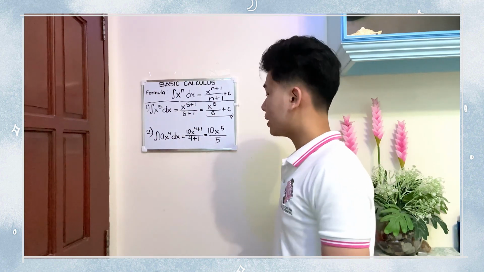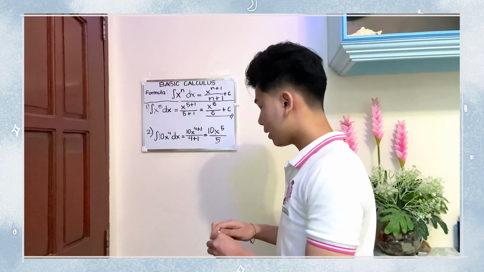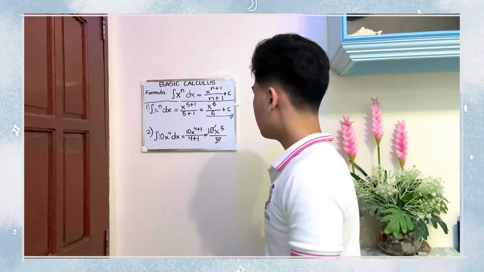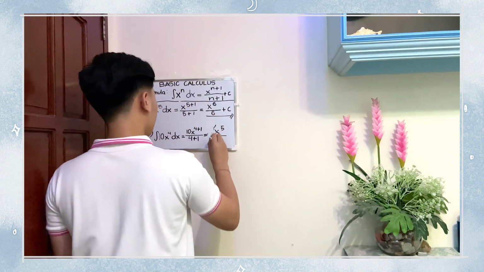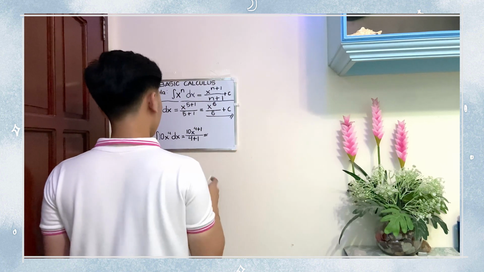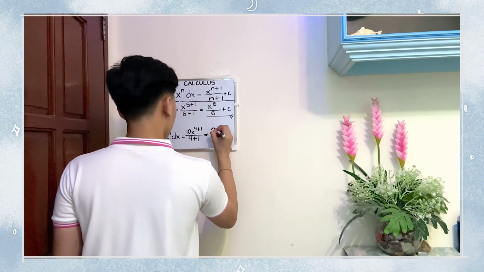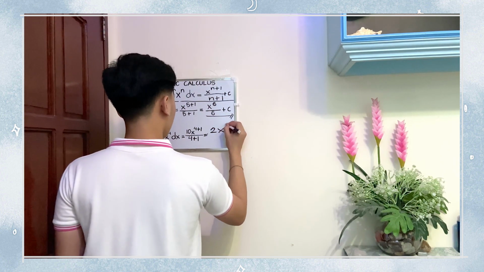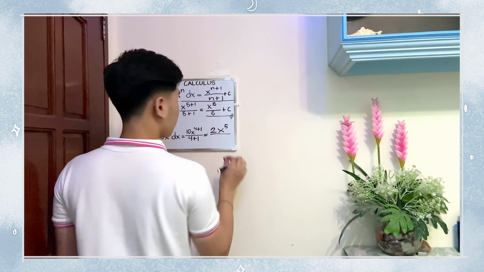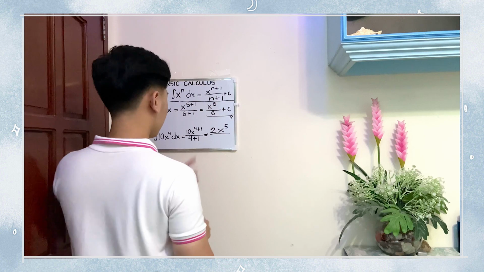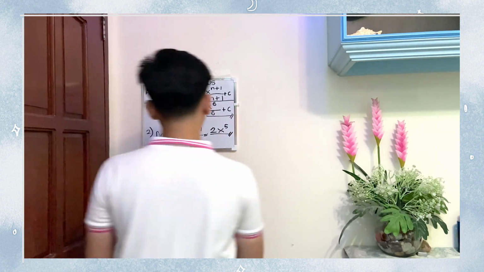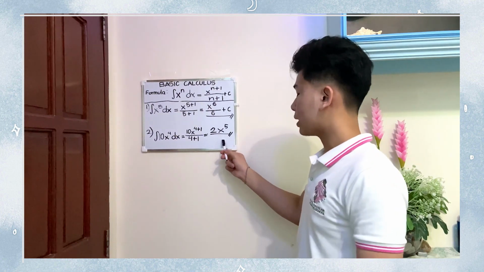You can simplify this answer by cancelling 10 and 5. So that's it. This will be your final answer: 2x to the power of 5.